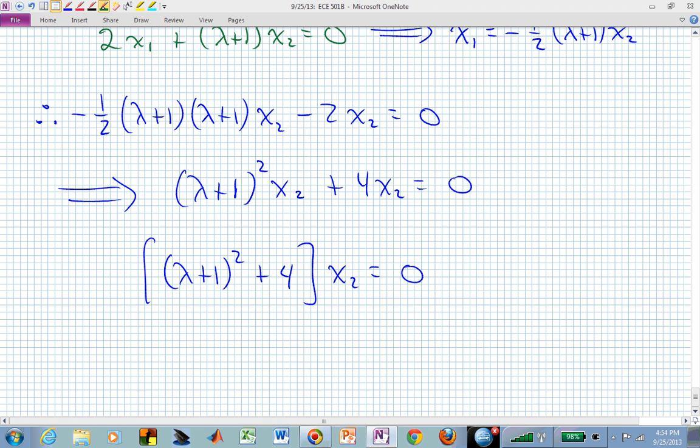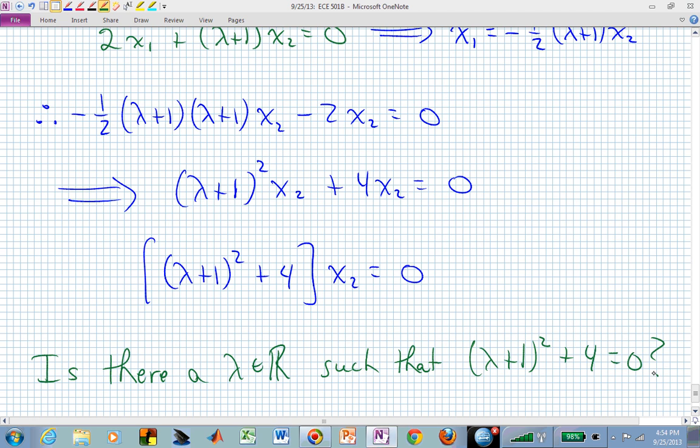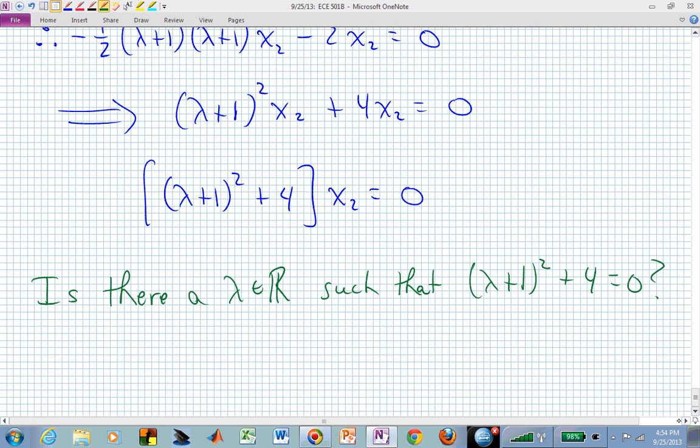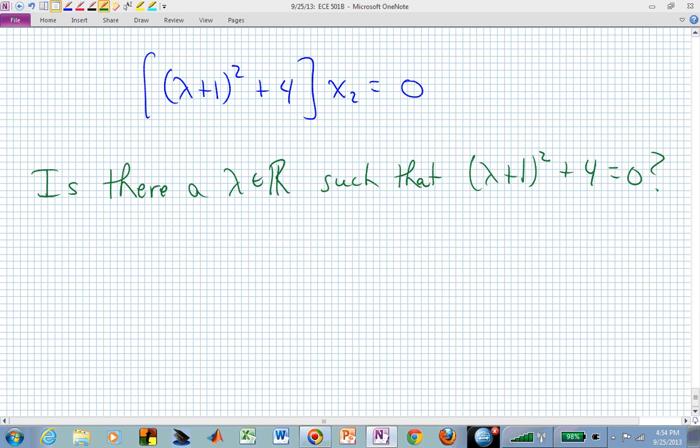And now I can answer my question. Is there a real value for lambda such that lambda plus 1 squared plus 4 is equal to 0? Can I find a real number lambda that will cause that to vanish? And I can't, can I?